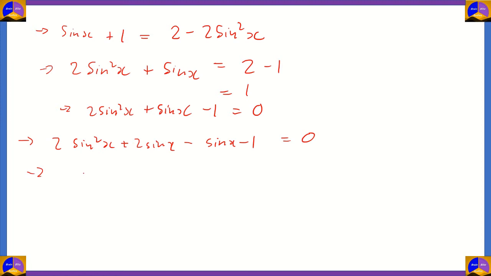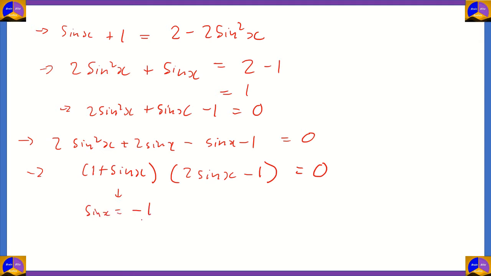So when you take 2 sine x common, you get 1 plus sine x, and whatever is left over is 2 sine x minus 1. So the product of these two trigonometric expressions is 0. So therefore you can write sine x as equal to minus 1 because 1 plus sine x is 0.